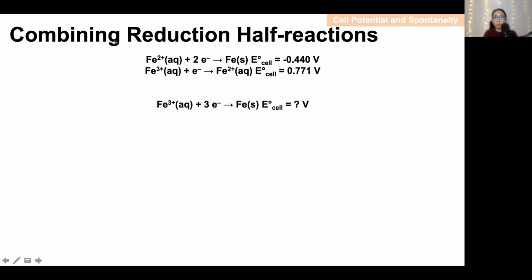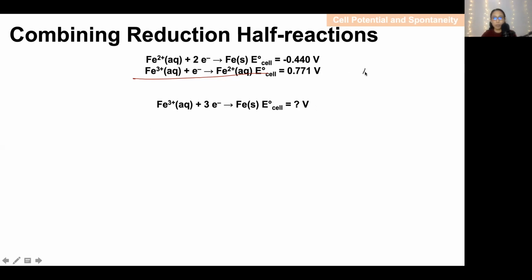And this one is the resulting reaction if we add these two. But again, the standard cell potential for the resulting reaction is not the sum of these two standard cell potentials. But there is a way for us to determine the cell potential of this overall reaction.